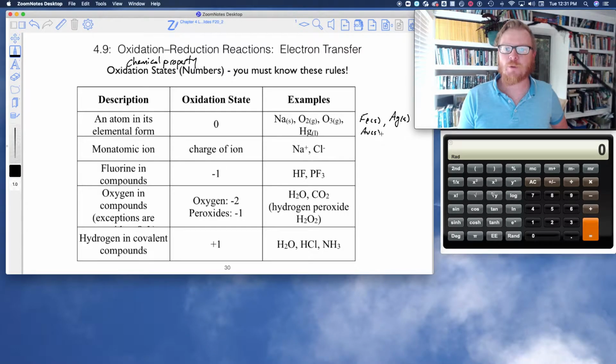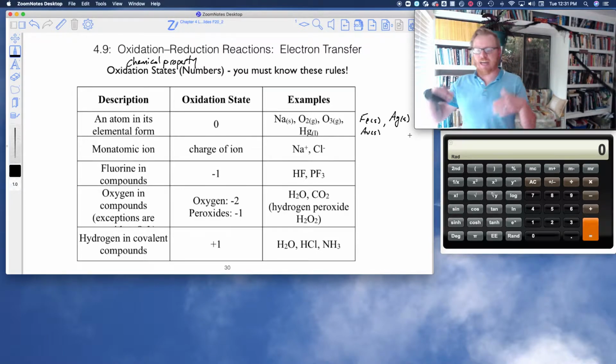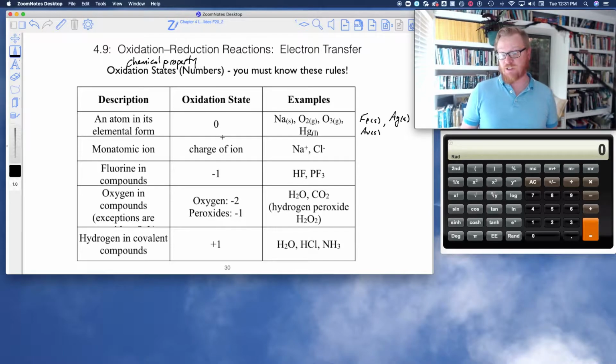Gold is Au, okay? Any of these things that are in their natural elemental form will have an oxidation state of 0. So that also includes O2 gas, as well as N2, H2, F2, Cl2, Br2, etc.